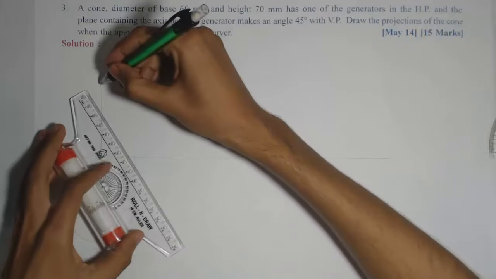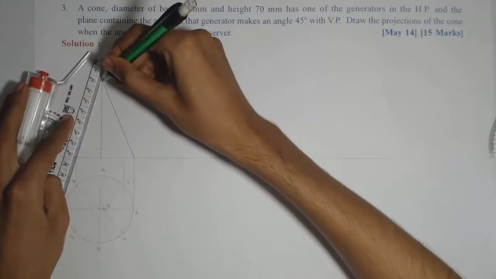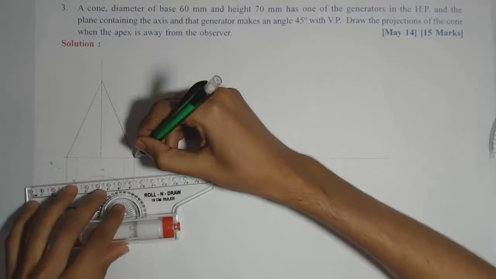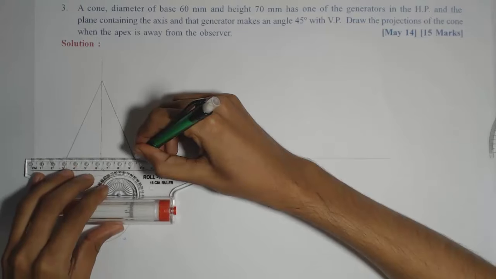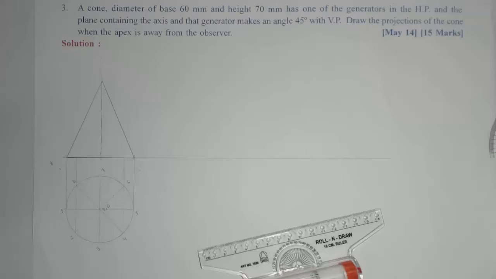Now we'll join the boundary with a dark line, then 4, then the base. We'll give the notations.